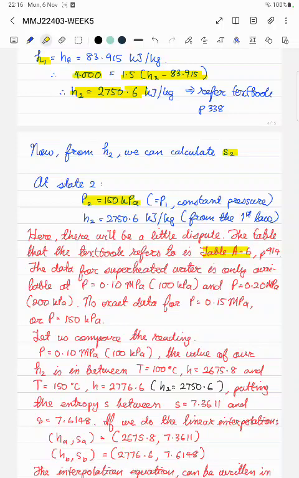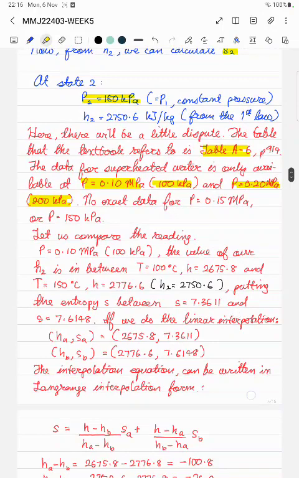So you probably think that you can take a nearer table like 0.1 megapascal, or 100 kilopascal, and another one from 0.2 megapascal, or 200 kilopascal, and find a compromise for pressure at 0.15 megapascal.